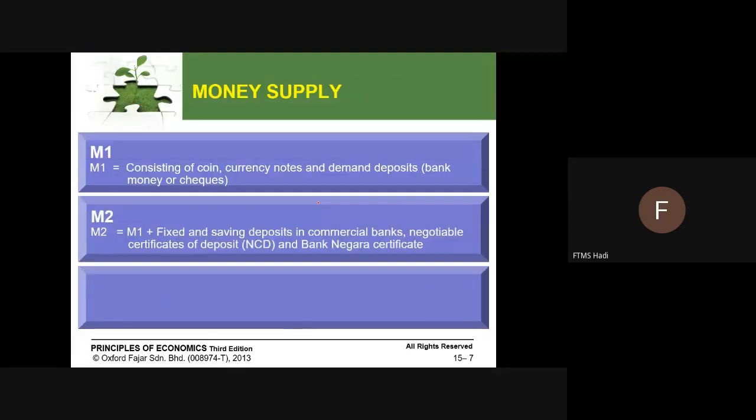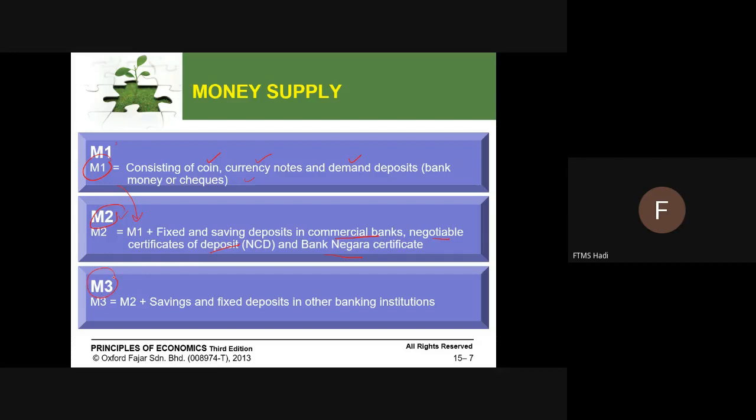Okay, money supply consists of three Ms. Let's have a look at M1, M2, and M3. M1, which is the money supply first class, consists of coins, currency notes, and demand deposit, which is bank money or cheques. M2 consists of total M1 plus fixed and savings deposits in commercial banks, negotiable certificates of deposit, and Bank Negara certificates, and is the second class of money.